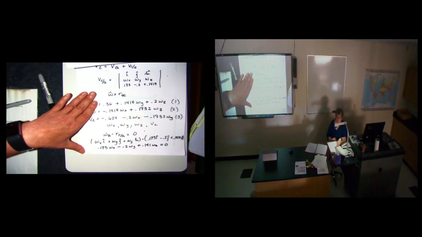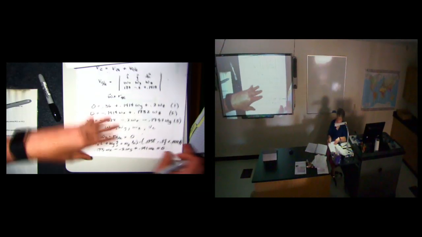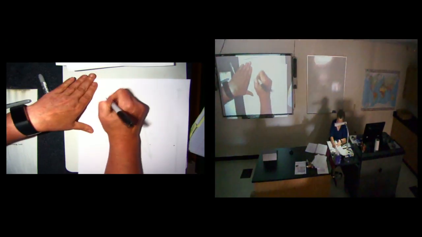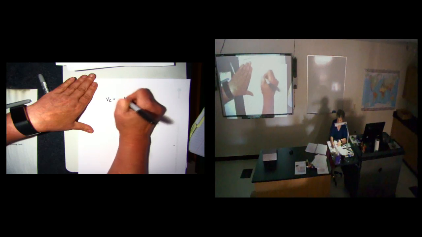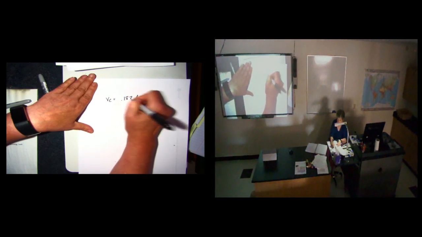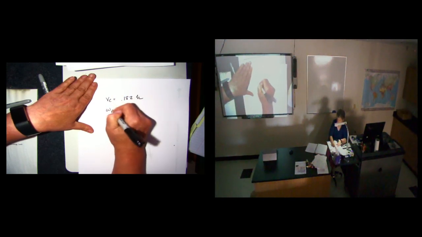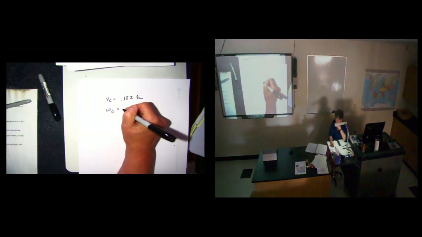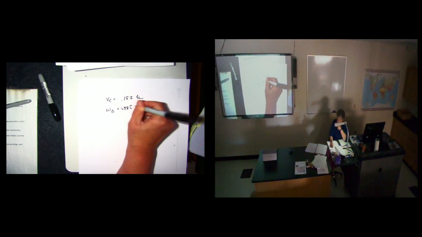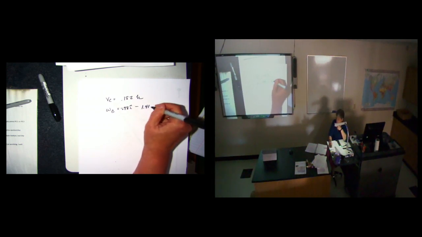And now we can solve the 4 equations, 4 unknowns, whichever way you want to do it. And you get VC is equal to 0.182 K. Omega B is equal to minus 0.98 I minus 1.414 J minus 0.8 K.